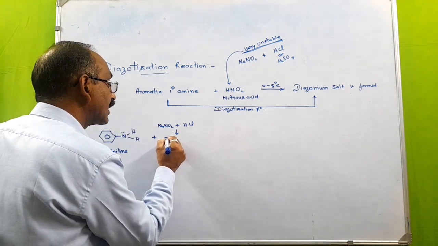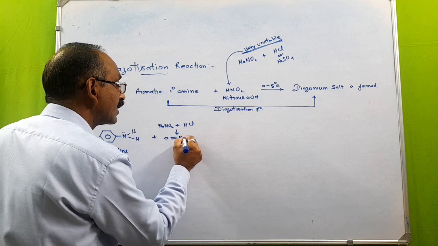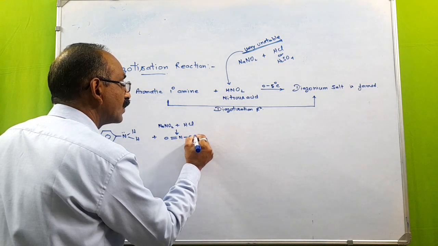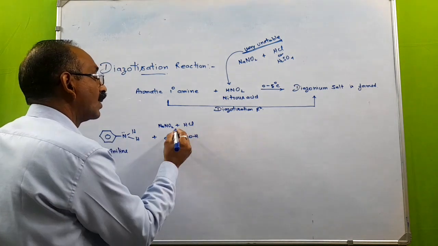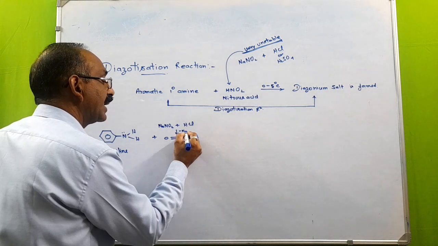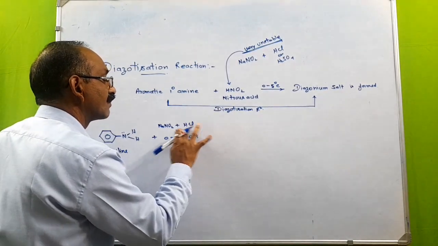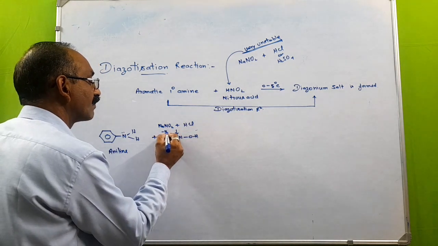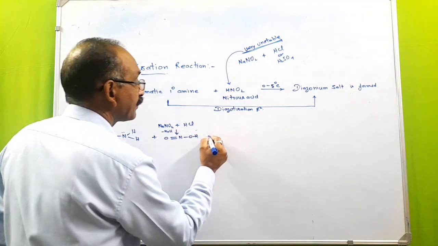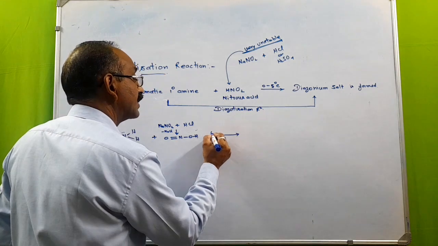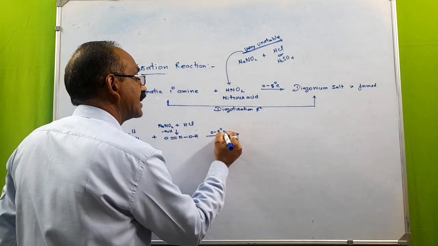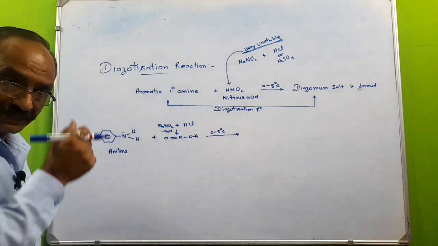As a result, we will get HNO2 along with NaCl. The reaction occurs at 0 to 5 degrees Celsius.